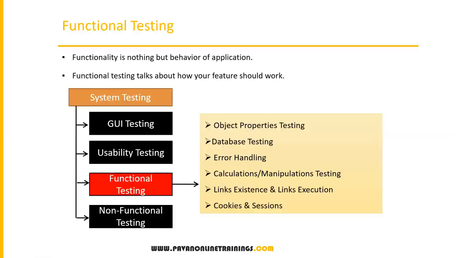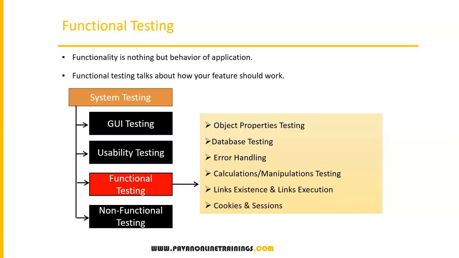Another thing, when you come to GUI testing, we also verify the links there, but what exactly are we verifying as part of GUI testing? The link color, where exactly the link is placed, and the color of the link, that we are going to test. And also when I click on the link, whether the color is changing properly or not, we verify as part of GUI testing.